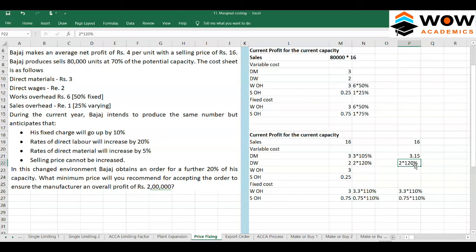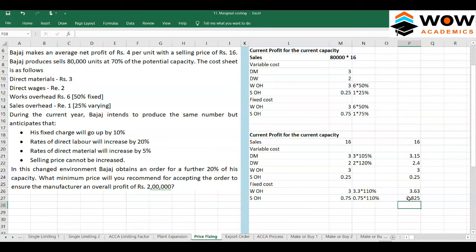So direct material will be this number, wages will be this number. So these costs are not increasing, we can just take them as it is. Works overhead is also going to increase, and selling overhead is also going to increase.